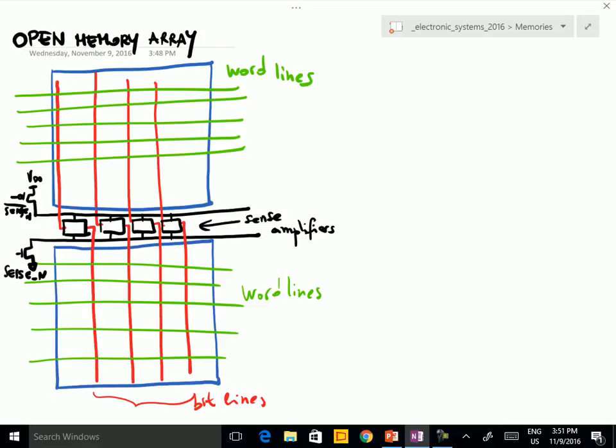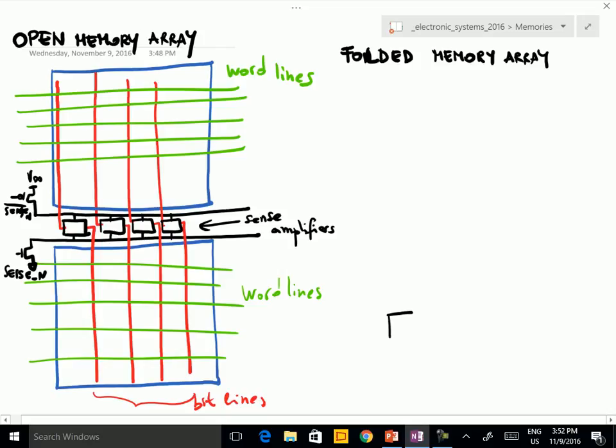This is one solution. The other solution, they are both quite common, is the so-called folded memory array. So in this case you do not have the memory bank split in two.